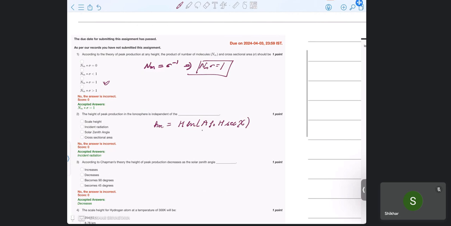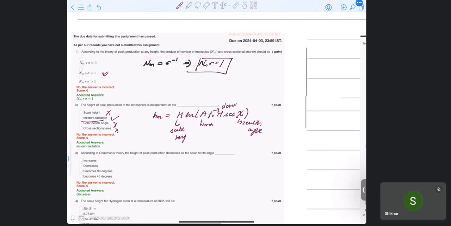Cross-sectional area is there, density is there, zenith angle is there, scale height is there. So the first option is not right; solar zenith angle, no, it depends. So only this option doesn't depend on incident radiation.